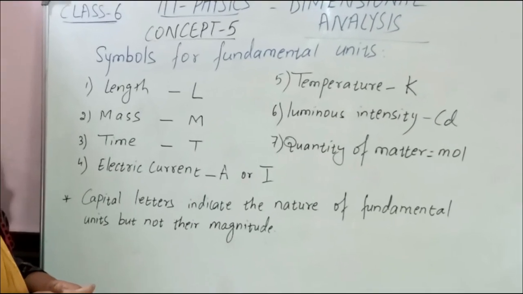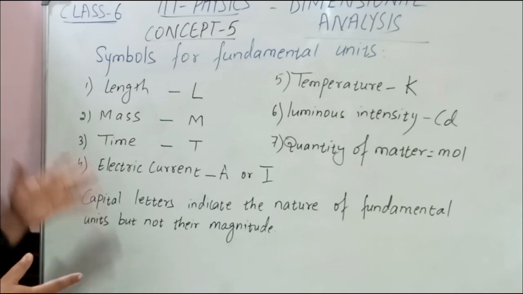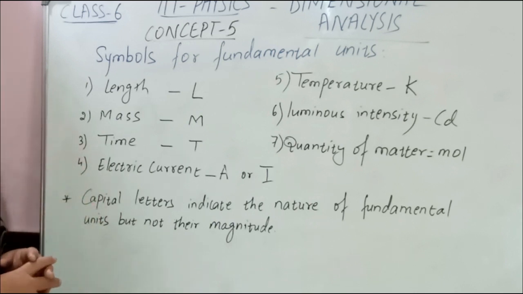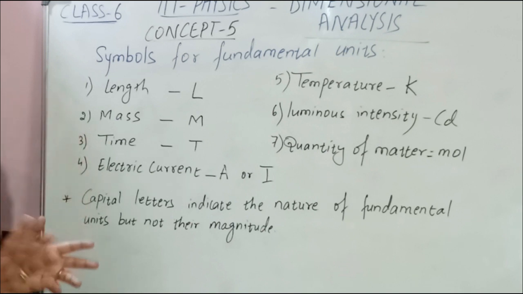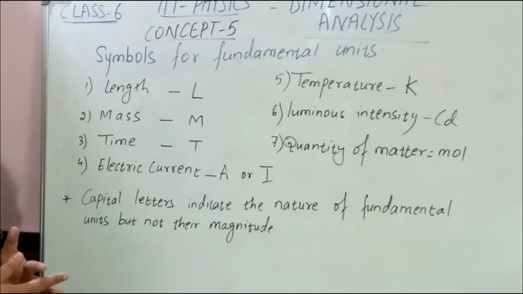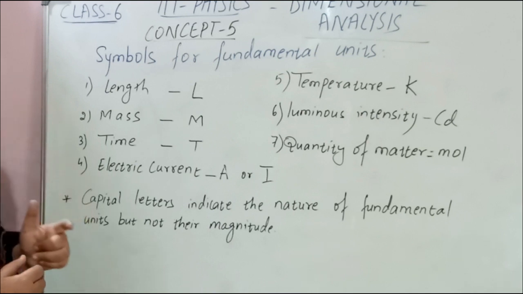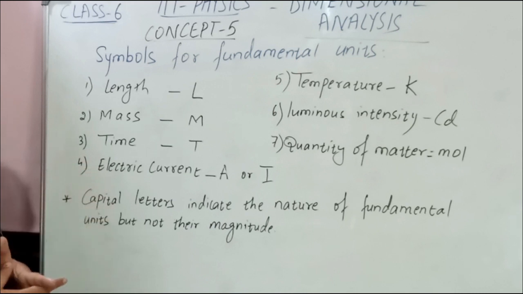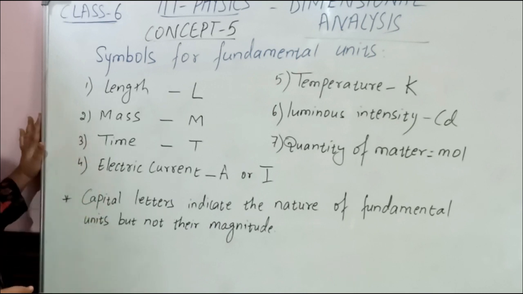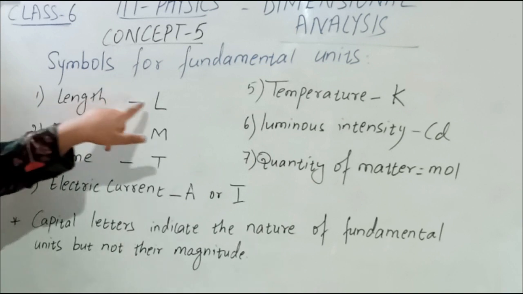Next is symbols for fundamental units. While writing the dimensional formula of a given quantity, you have to use some symbols for the fundamental units. Already said, derived quantities depend on fundamental quantities, so when you write the dimensional formula you use these symbols.